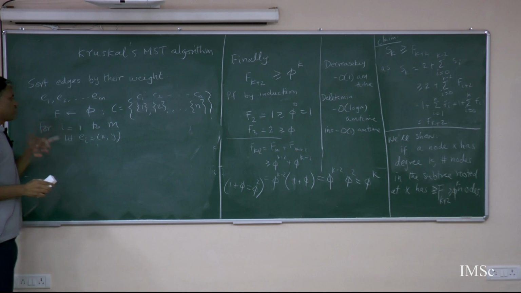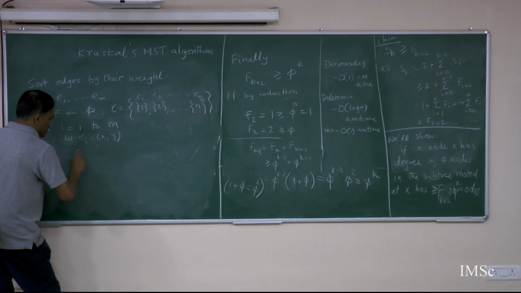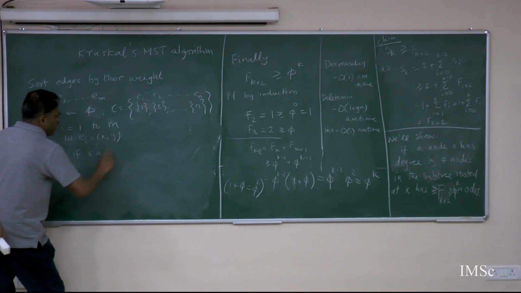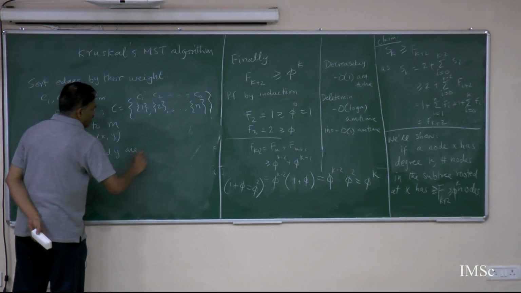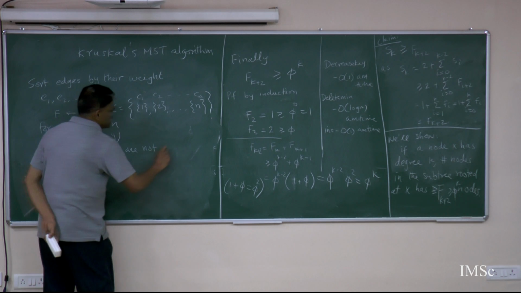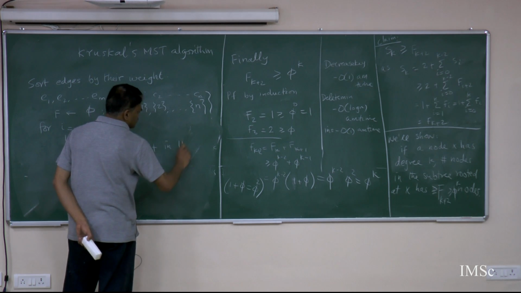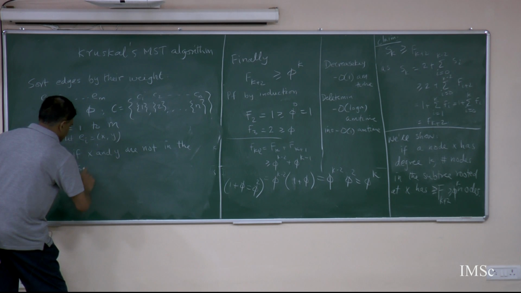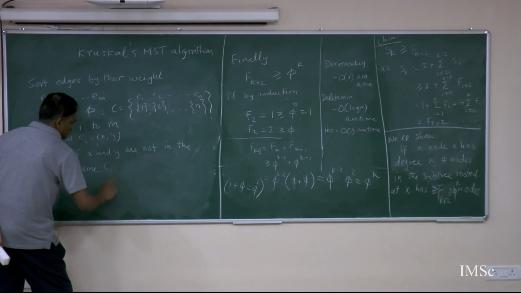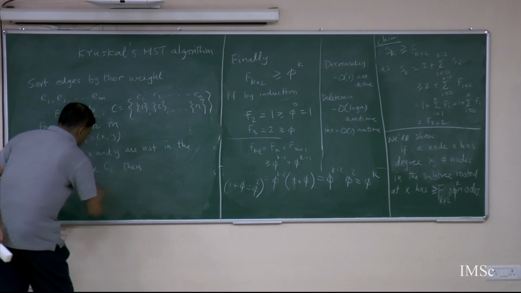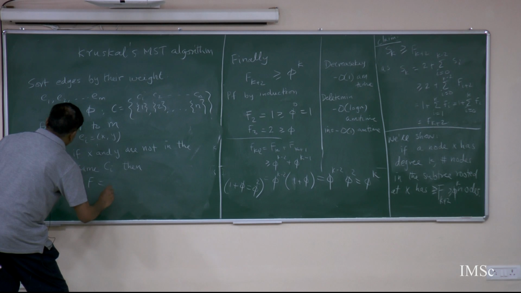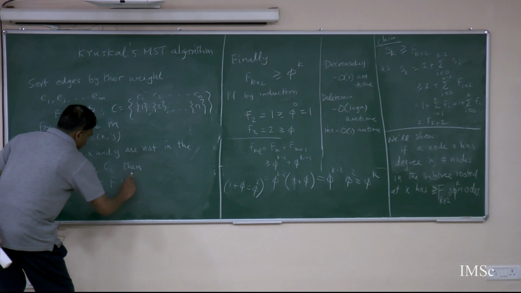For i equal to 1 to m, let ei equal xy. If x and y are not in the same Ci, then F is equal to F union ei.